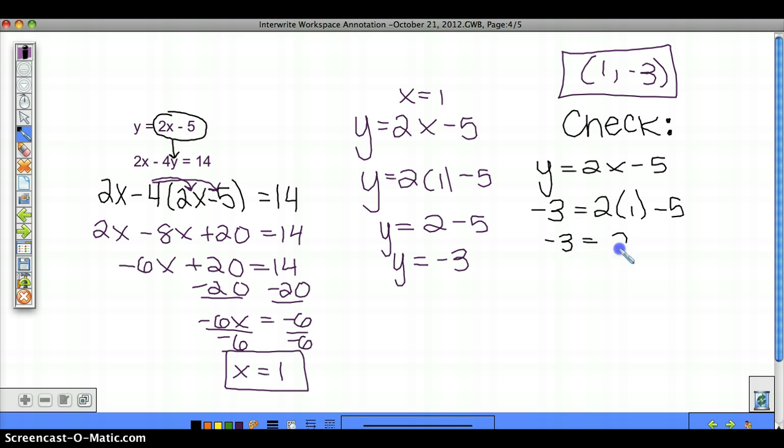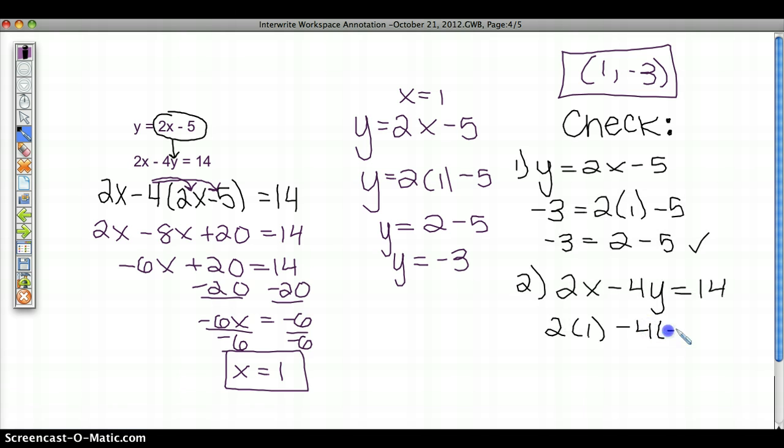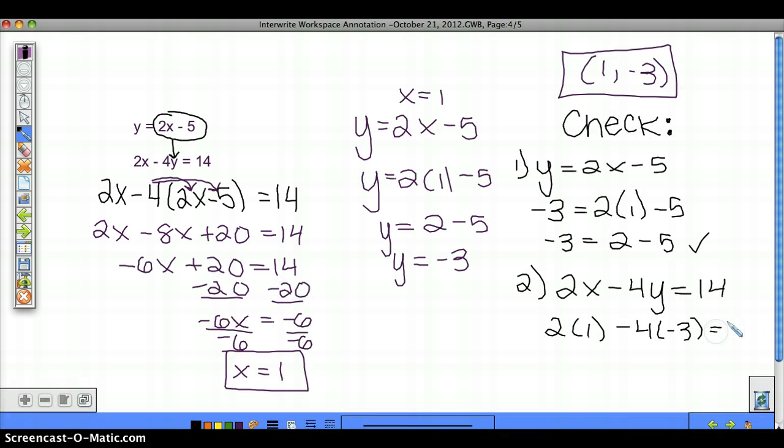Negative 3 equals 2 minus 5, which is true. And for my second equation, we have 2x minus 4y equals 14. So 2 times 1 minus 4 times negative 3 equals 14. And negative 4 times negative 3 gives me positive 12, so 2 plus 12 equals 14, which is also true.